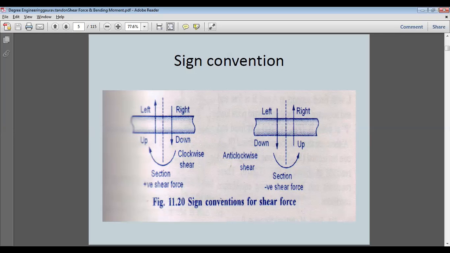Similarly, in the right portion, the resultant force must be acting downwards in order to be positive, and vice versa is also true. In the left section, if the resultant force is acting vertical upwards, the shear force is negative. So this is the sign convention and concept of shear force.